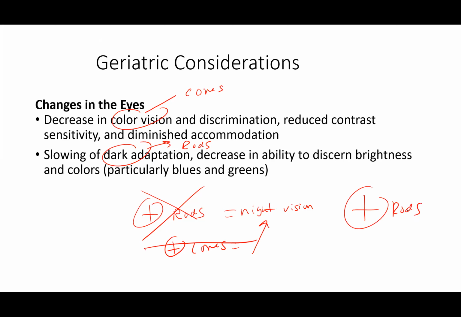So it spares your night vision. So if you ever wonder why people have red lamps, red lights while they're camping or whatever at night, that's why. Whether they know it or not, that's why. Because it's designed to salvage your night vision, keep the rods active and keep the cones more dormant. Okay.